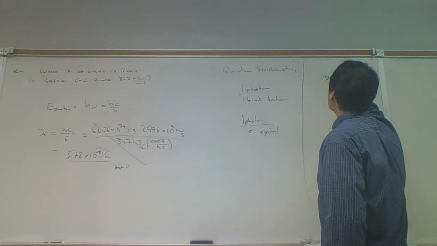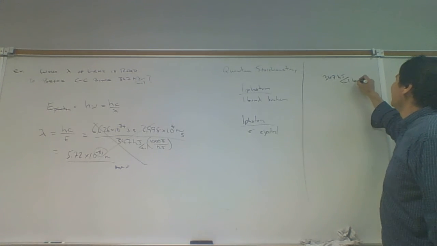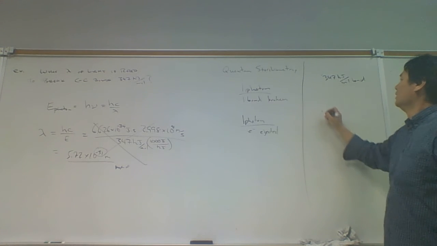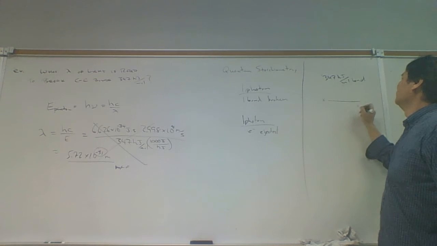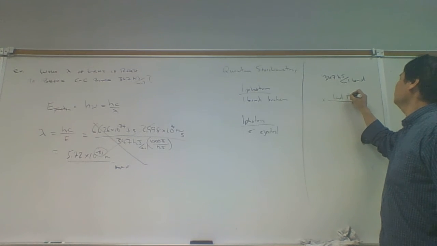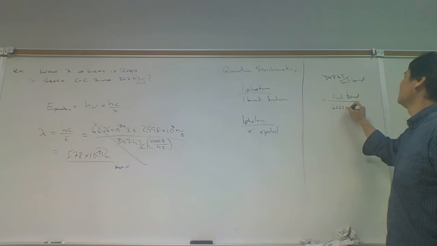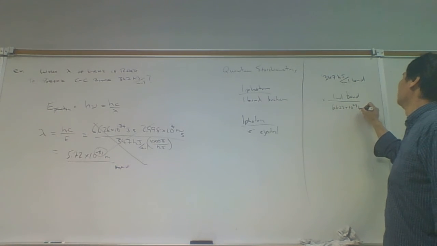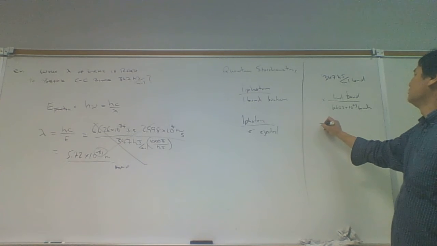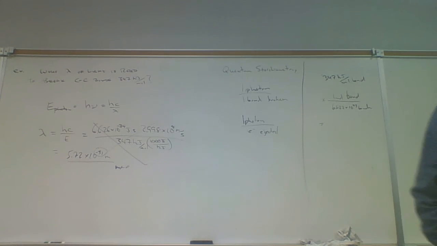I have 347 kilojoules per mole. That means one bond requires how much energy? If I have a mole of bonds, then 1 mole of bonds contains 6.022 times 10 to the 23rd bonds. And therefore, I have to divide by Avogadro's number, and then I'll get how much energy per bond is required.